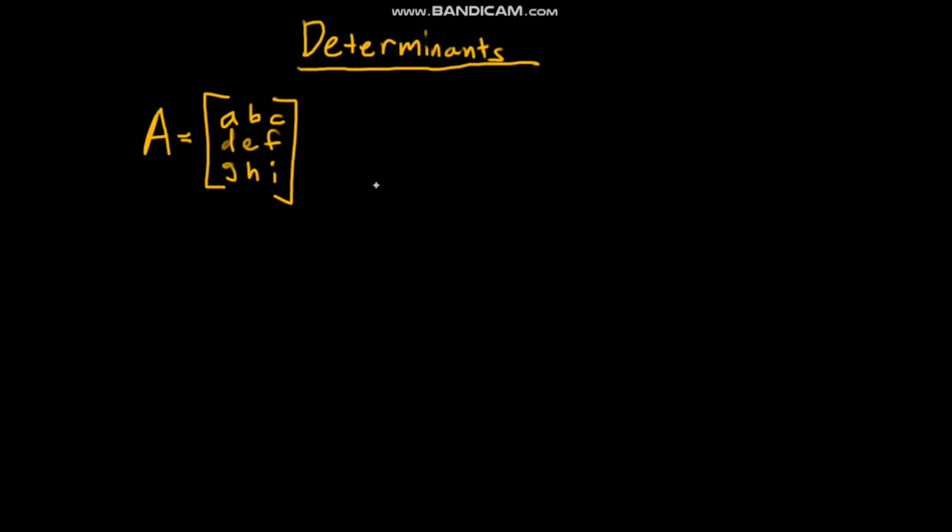So without getting too deep into the world of linear algebra, I'm just going to show you the easiest way to take the determinant of a 3 by 3 matrix. What you're going to do is block out certain rows and columns.